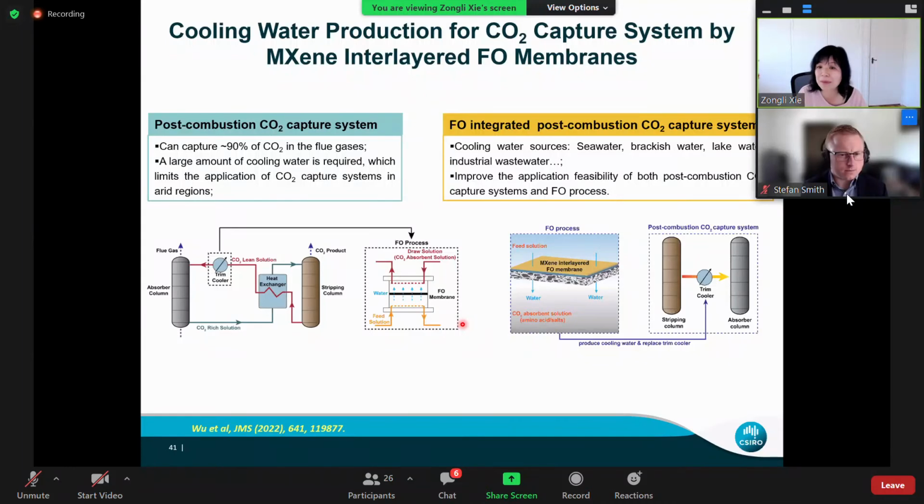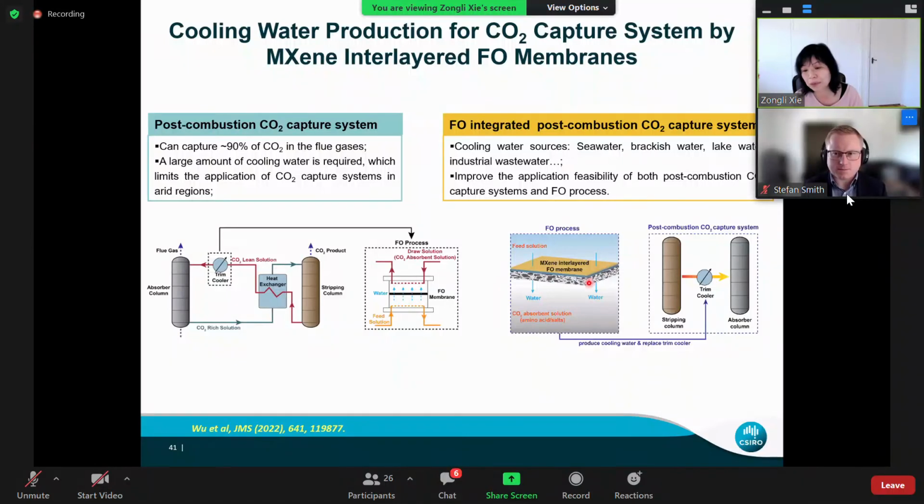We explore this membrane not only for desalination, but also for suitable energy applications. So we evaluate this membrane for a CO2 capture system. I'll just briefly go through this. What I want to say for this slide is that CO2 capture is very well known, but when you're using MEA as the absorbent, we need some makeup water, and we need a trim cooler to provide that makeup water, which normally comes as fresh water.